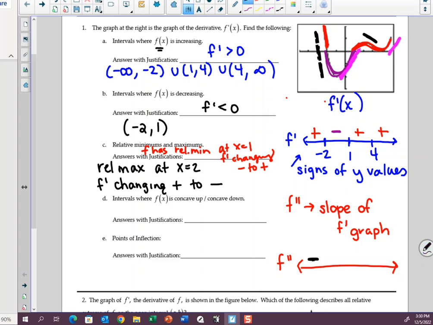So my slopes are negative, then positive, changing at -1, changing at 2, changing at 4.